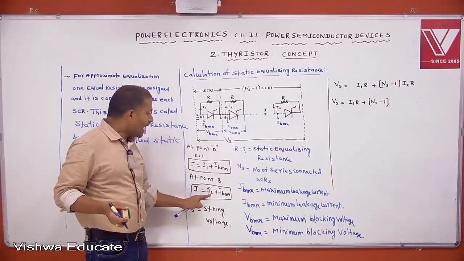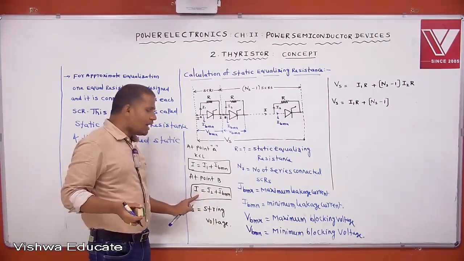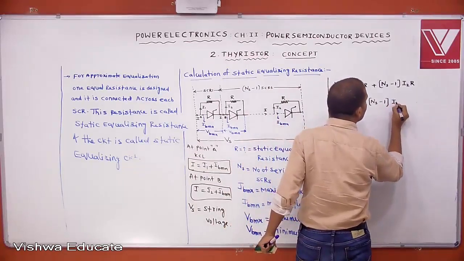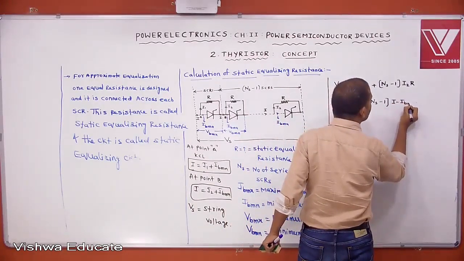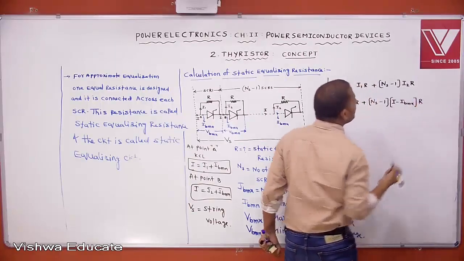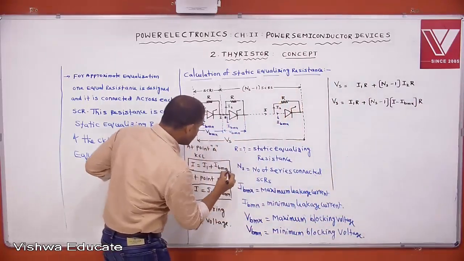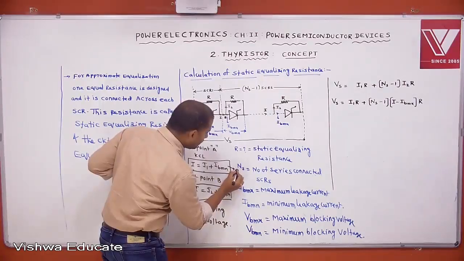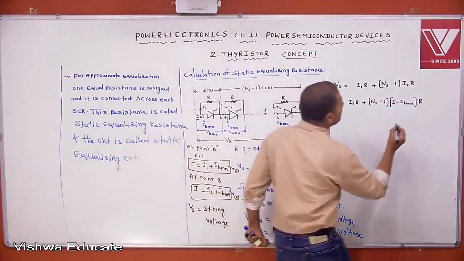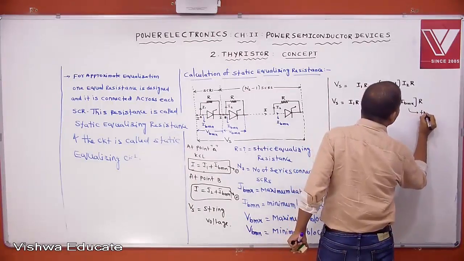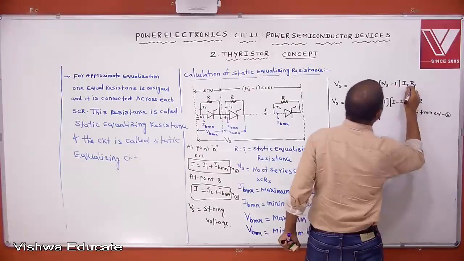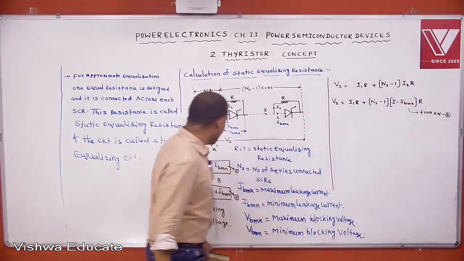This I am substituting: I minus IBMX, into R. Let this be equation 1. This is equation 2. I have written this from equation 2: I2 equal to I minus IBMX.